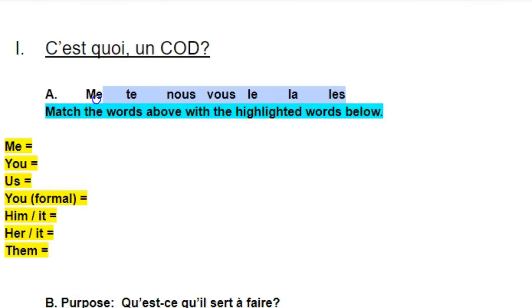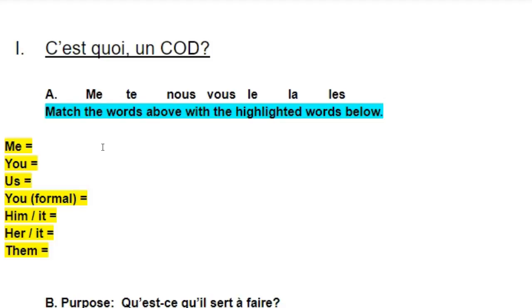You have these words above, me, te, nous, vous, le, la, and les. And you have the English words to the left highlighted in yellow. Me, you, us, you formal, him or it, her or it, and them. So I'm looking for you to match the English with the French.